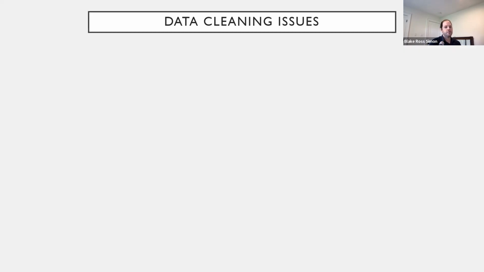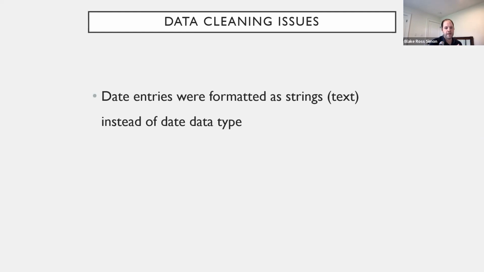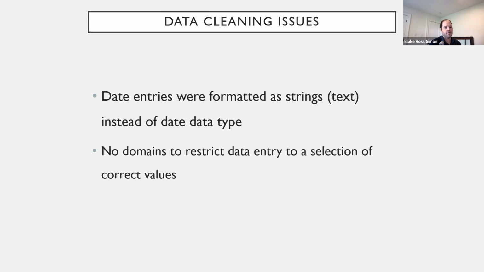Some other issues, the date entries were formatted as strings instead of date data types. And since domains were not used to restrict database entries to correct values, multiple versions of a type of data were input. And later on down the chain, this can cause an issue in the mapping application when querying the data.